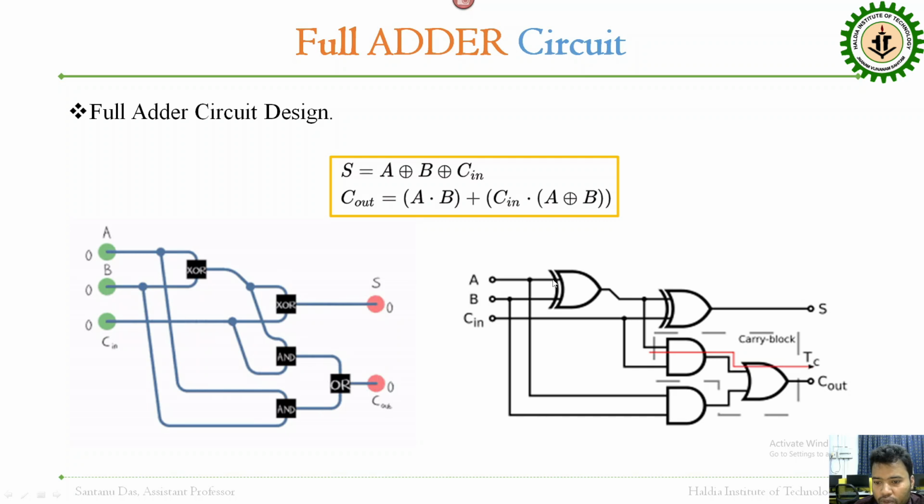So if we consider this XOR gate and this AND gate a single half adder, and this second XOR gate and this second AND gate another half adder, then we can say that two half adders with an OR gate represent a full adder.